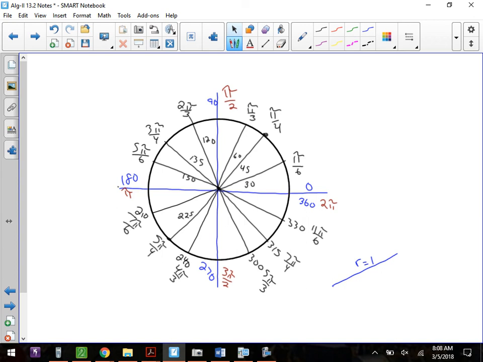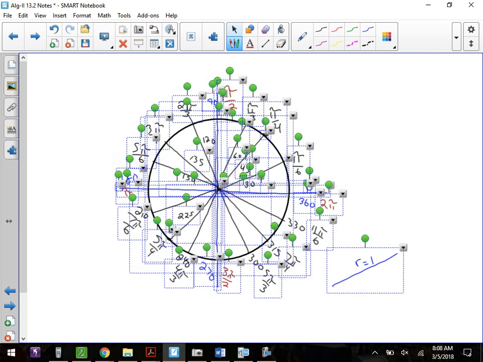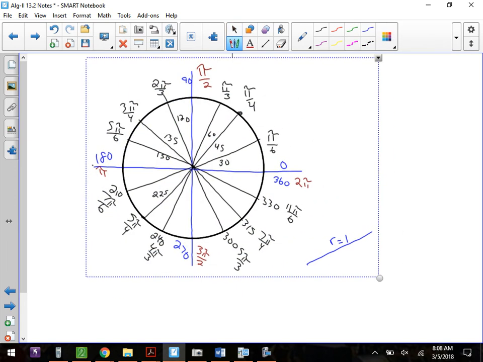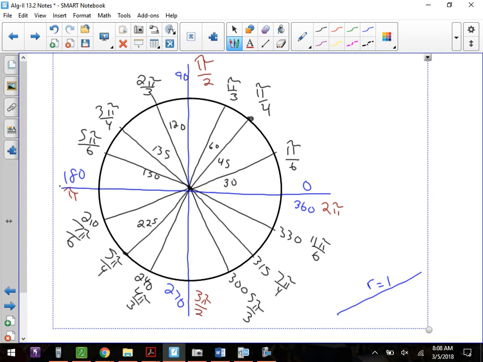But yeah, this is how that unit circle, which is what this is called, is derived. The idea here is, guys, that there is absolutely no reason ever to have to memorize this.